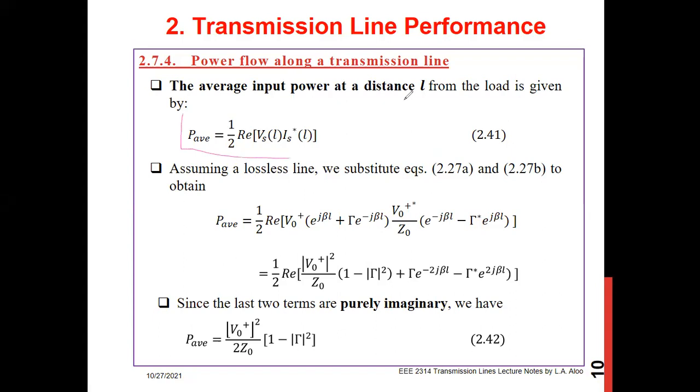So if we look at equation 2.41, the average power in a transmission line at a distance L, sometimes you can also use Z, in this case we're using L, will be given by a half the real part of the phasor voltage as a function of length times the conjugate of the phasor current as a function of L. The real part of the phasor voltage as a function of distance of the transmission line is multiplied by the conjugate of the phasor current Is at a distance L along the line.